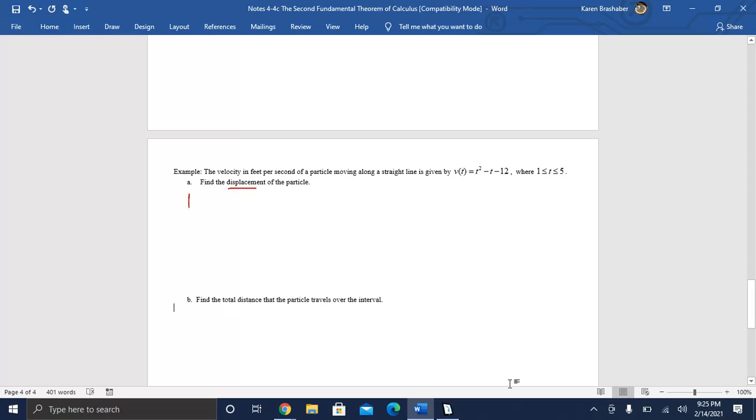So displacement will equal the integral from 1 to 5. Now this time, your time, t, is given with its upper and lower limits, not as a time of day. So we can use the 1 to 5. And then our velocity, which is t squared minus t minus 12 dt.